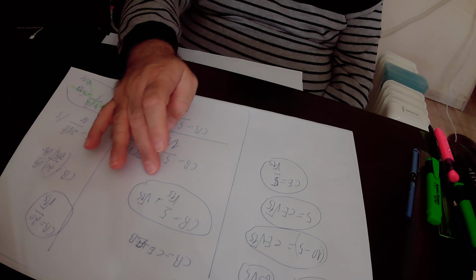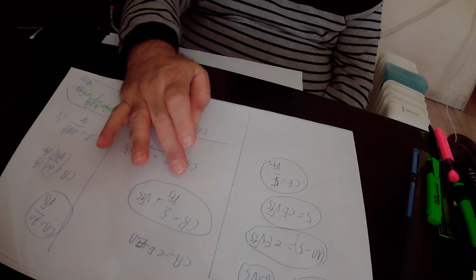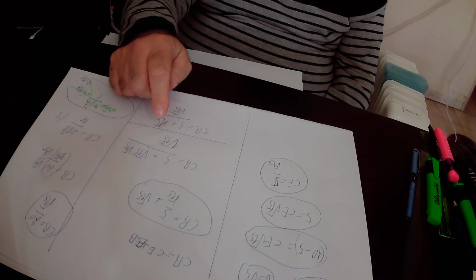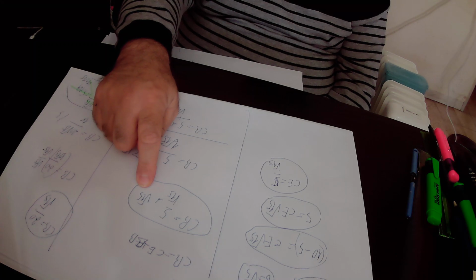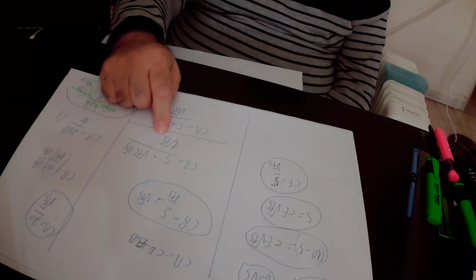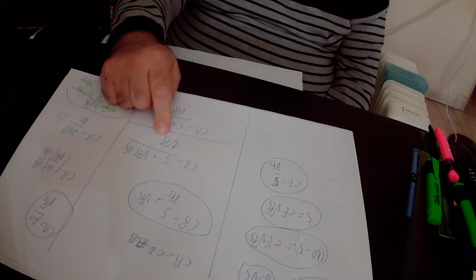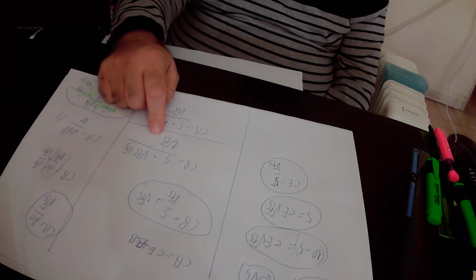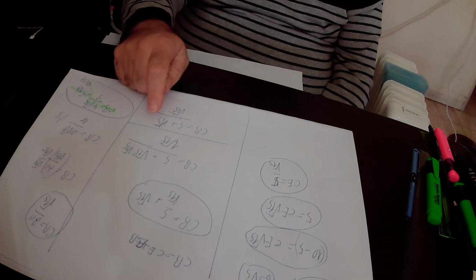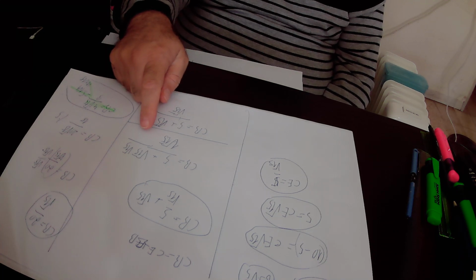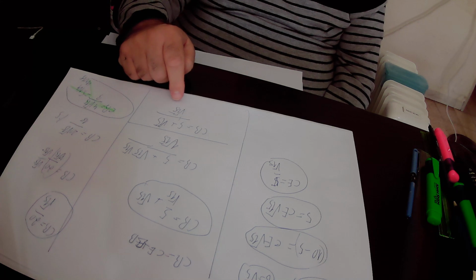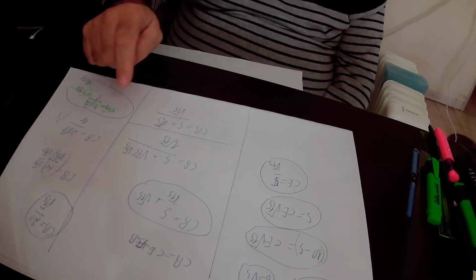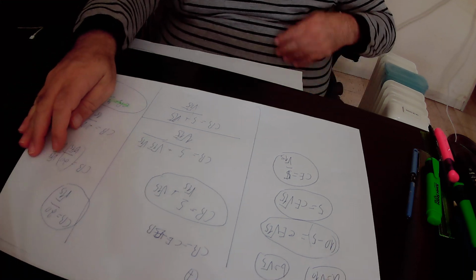In this way, we created a common denominator. So CB equals 5 over square root of 15 plus square root of 15 times square root of 15 over square root of 15. In the numerator we have square root of 15 times square root of 15, which is 15. So CB equals 5 plus 15, which is 20, over square root of 15.